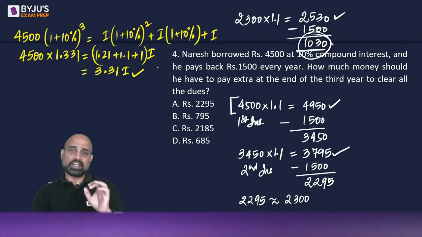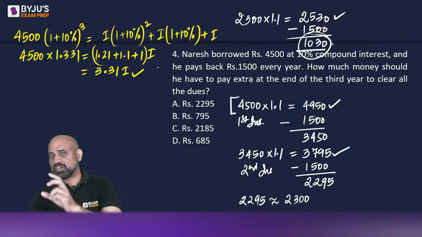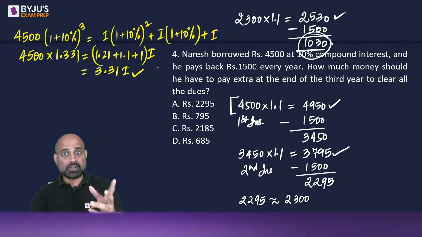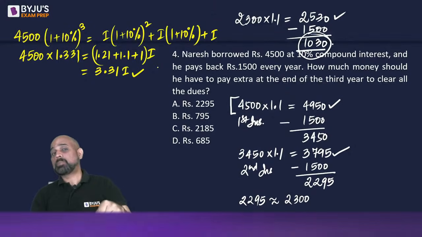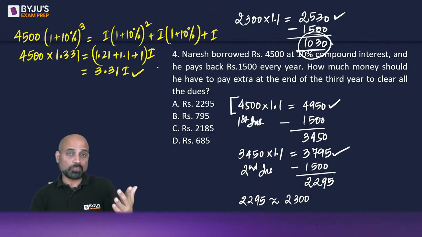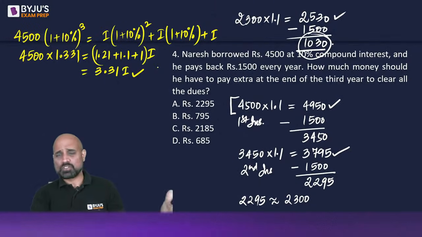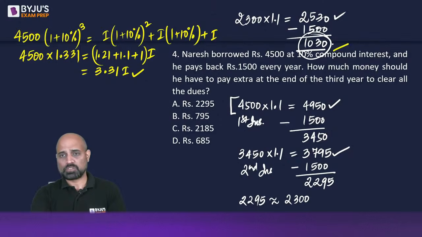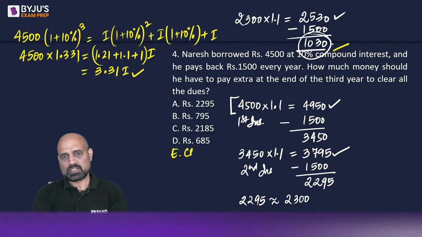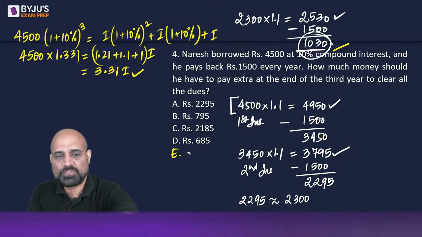Now think like this: if you gave 1,800 as installment 3 times, you would give 300 extra out of 1,500. So that would have made it 900. But the extra 300 that you are paying beforehand, its interest also gets added. So your total due remaining should be more than 1,000, which completely makes sense. So there is some mistake in the options. So I'll take option E as none of the above.